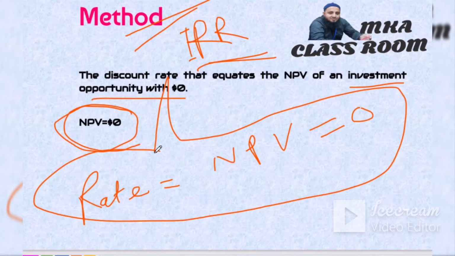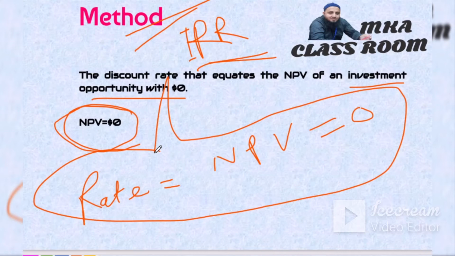Then we will see the decision criteria of IRR, or the decision rule of IRR. If IRR is greater than the cost of capital, accept the project, otherwise reject it.